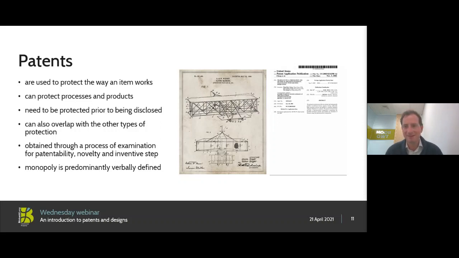But in patents and in patent applications, you've got a lot of description. And then you've got this section at the back, which are these technical statements called claims, which define the monopoly.